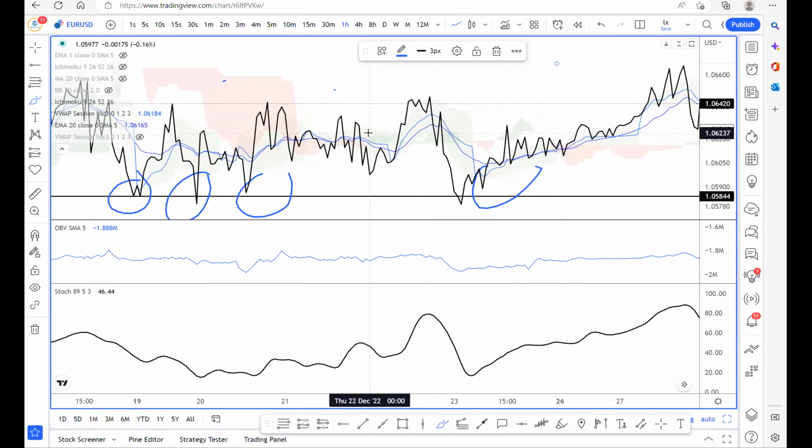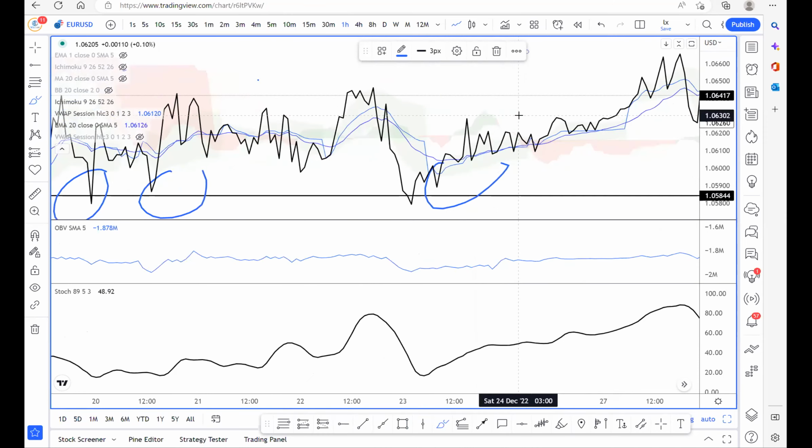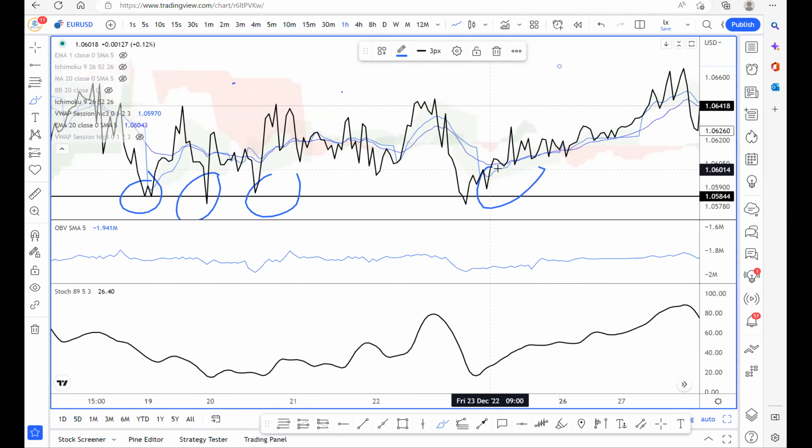Okay, so in general, on the VWAP line, when price crosses above it, it's the same concept as a moving average. When price crosses above it, it gives us a bullish signal. When it's below it, it's a bearish signal. One thing that's interesting is that the price itself can act as a dynamic support and resistance level.